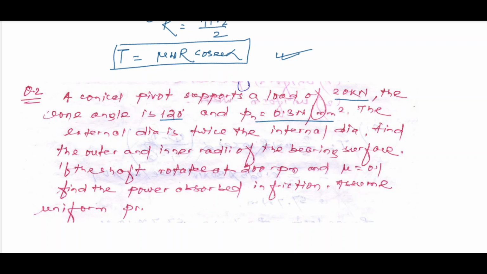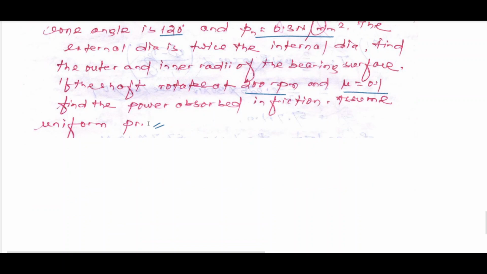The external diameter is twice that of the internal diameter, that means R1 is equal to 2 R2. Now find the outer and inner radii of the bearing surface. We have to find R1 and R2. If the shaft rotates, N is given 200 rpm. Coefficient of friction mu is given 0.1. Find the power absorbed in friction. Assume uniform pressure.